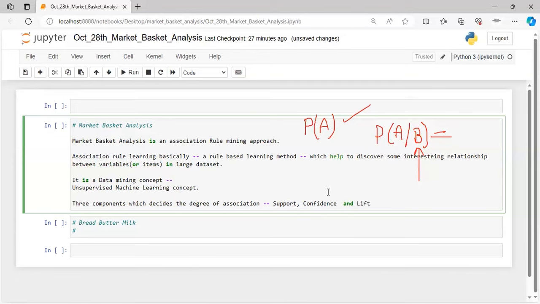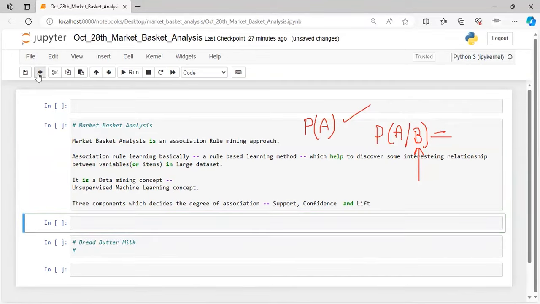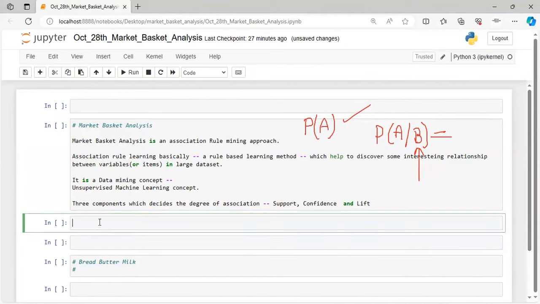So just take an example that you are making a survey of a large data set, and suppose you have a data set of 5,000 customers.